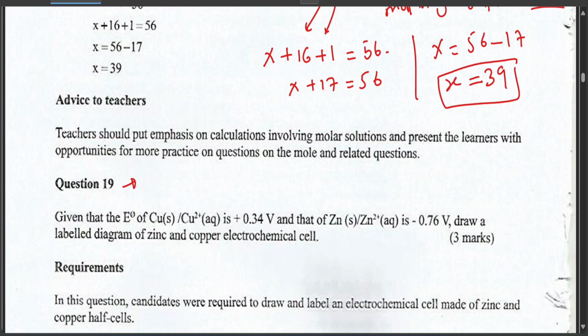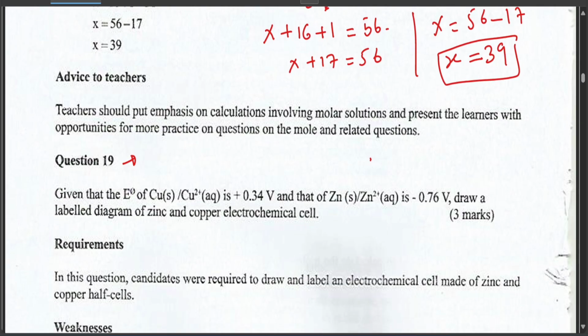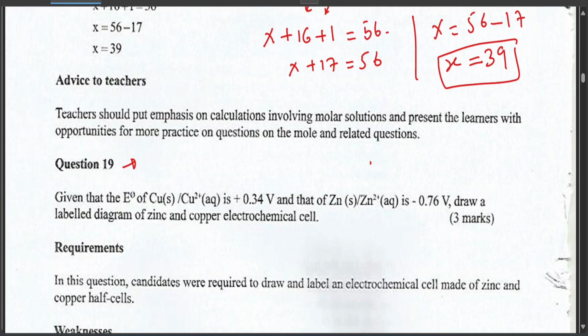So you've been given that E of copper, or copper 2 ions, is 0.34 volts, and that of zinc 2 plus, which is aqueous, is negative 0.76. So draw a labeled diagram of a zinc and copper electrochemical cell. In these questions, people were supposed to draw and label an electrochemical cell made of zinc and copper half cells.